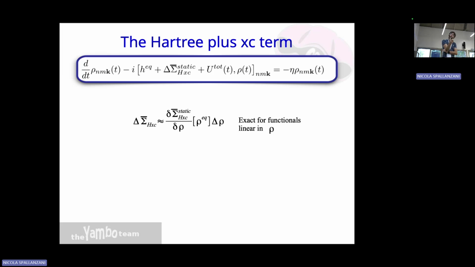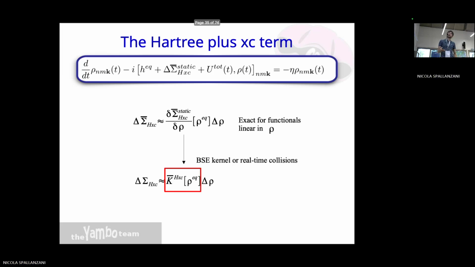And then, now that I have this barred self-energy, what I can do is expand it to linear order in the density matrix. It has this shape, just a functional derivative of the variation. This expression is, in general, an approximation, and is exact for functionals which are linear in the density matrix. And also, it provides a formal connection with the Bethe-Salpeter equation.